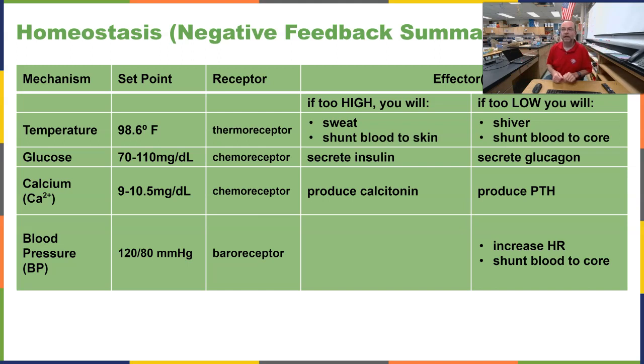And when you shunt blood to the core, peripherally vasoconstrict, you're increasing systemic vascular resistance and turning pale. When your blood pressure is too high, we're going to do the opposite. We're going to lower the heart rate, and you're going to shunt blood to the skin. And you're going to shunt blood to the skin by reducing systemic vascular resistance by vasodilating and spreading the blood out to the skin.